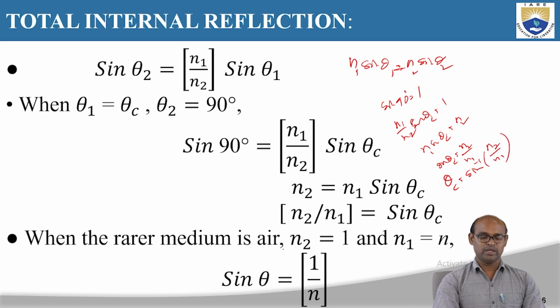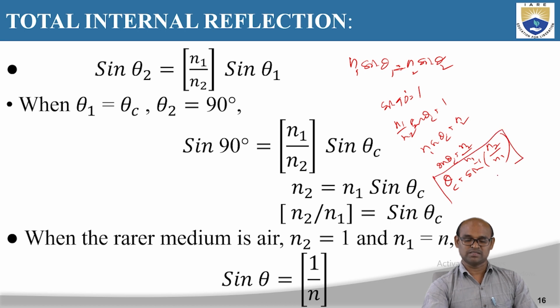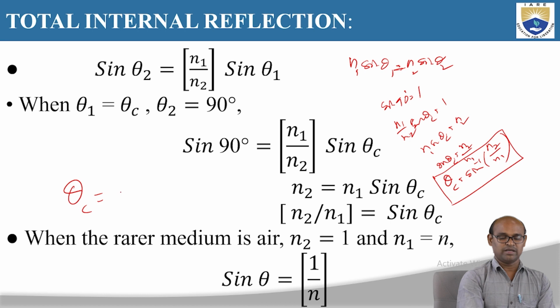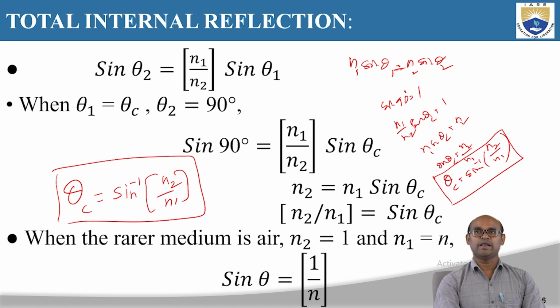If the rarer medium is air, then n2 is equal to 1, so I will get 1 by n1. The critical angle is sine inverse n2 by n1, where n2 is the refractive index of the rarer medium and n1 is the refractive index of the denser medium.